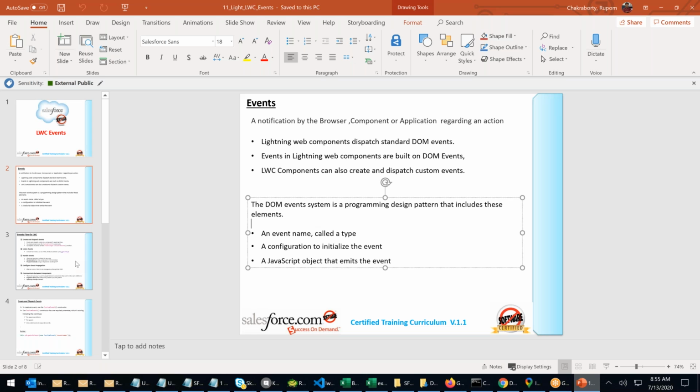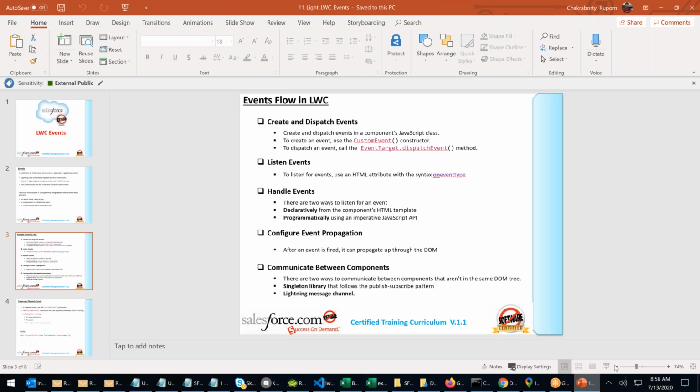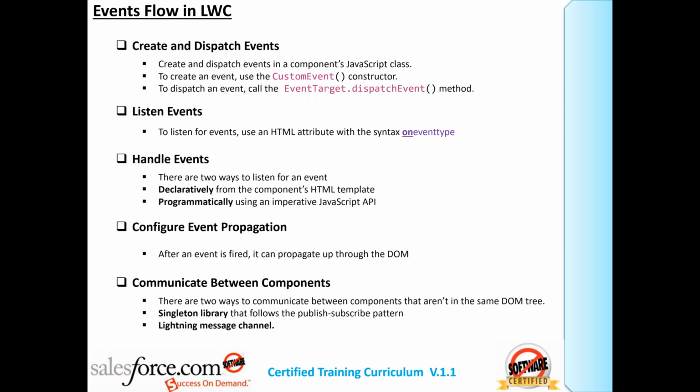The steps are: create and dispatch event, listen event, handle event, configure the propagation, and communicate between the components. These are the event steps.